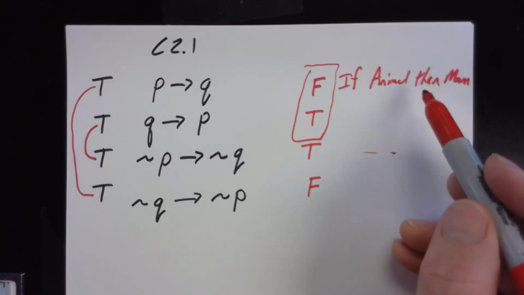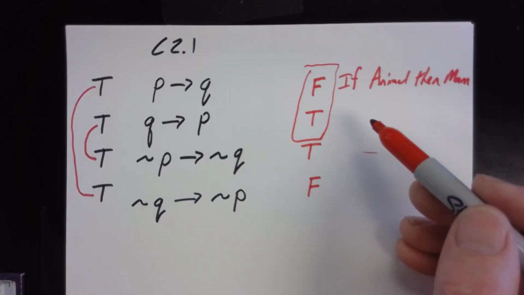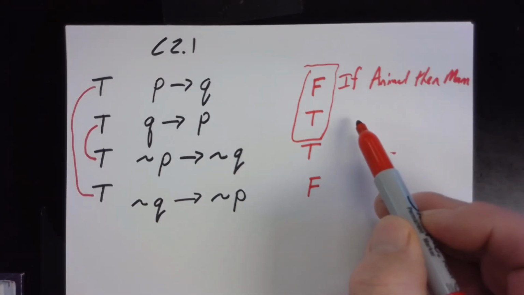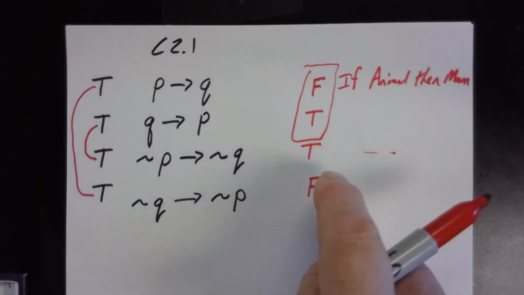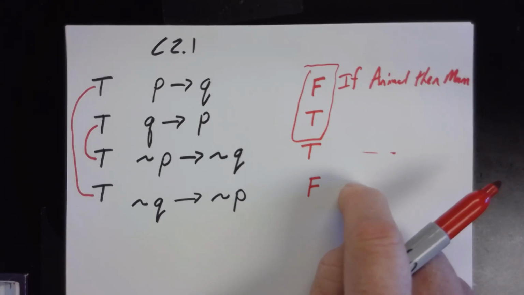Dinosaurs. Okay. Now, we can go on forever, but how many counterexamples do we need? One. So the converse of that would be, if you're a hen, then you lay eggs, which we'll say is true. And so we know the inverse will be true, and we know the contrapositive will be false.